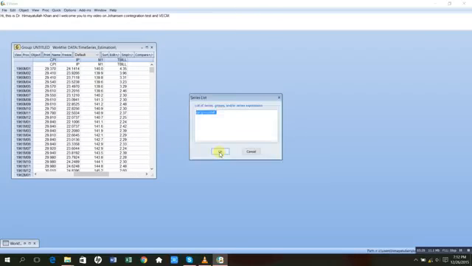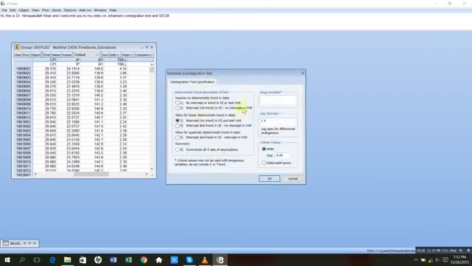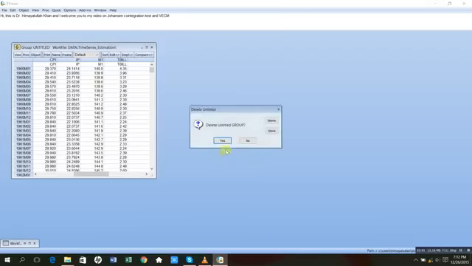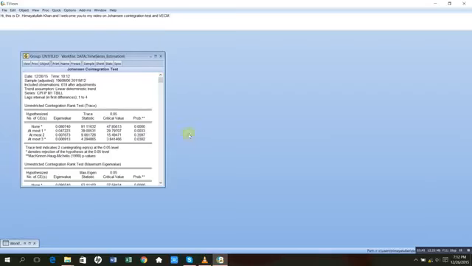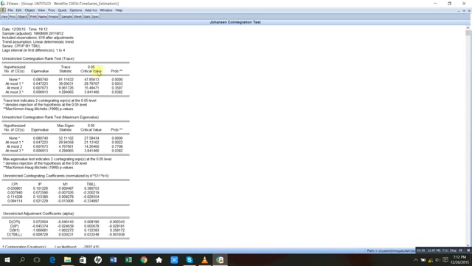So I will press OK, and when this dialog box comes, I should leave this, and this serial number 3 should be checked, and after pressing OK, it will estimate the Johansen co-integration test. Now these are the results of Johansen co-integration test.